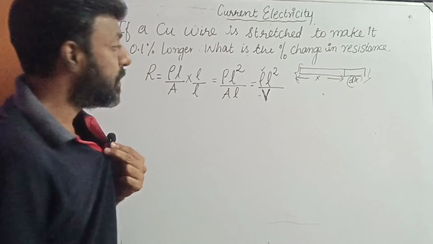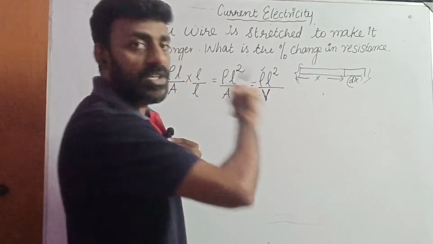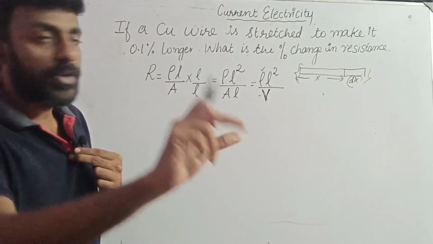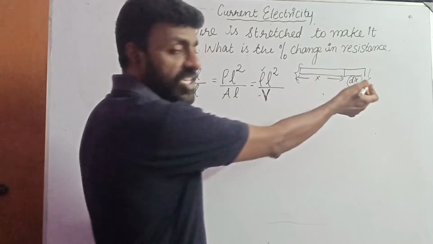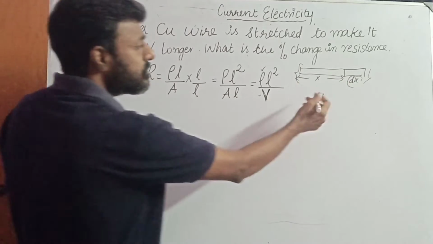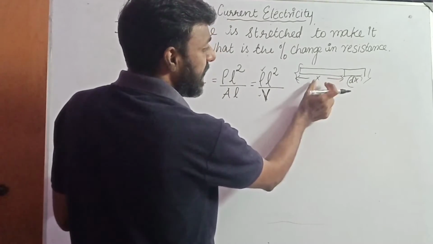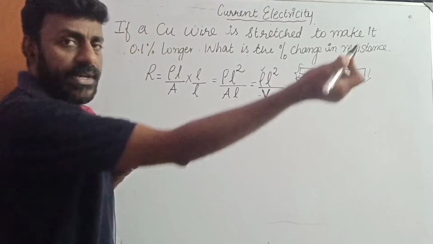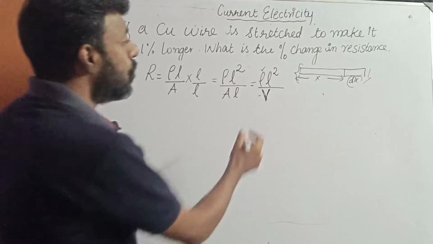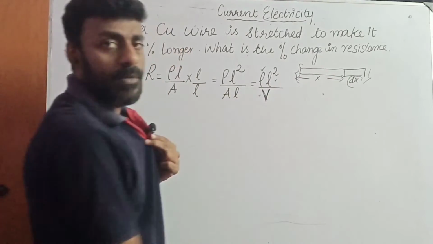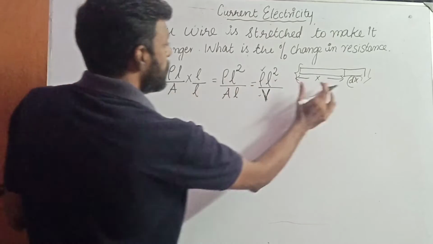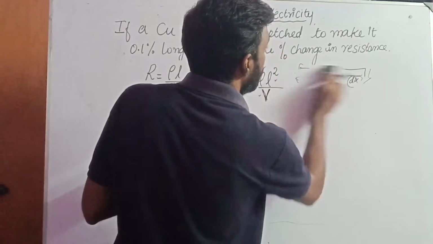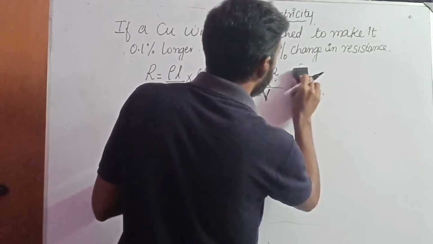Obviously the length will change because we are applying a force in the longitudinal direction, so there is a change in the linear dimension. So this x is converted into x plus dx, and L will change. Let us erase this diagram.